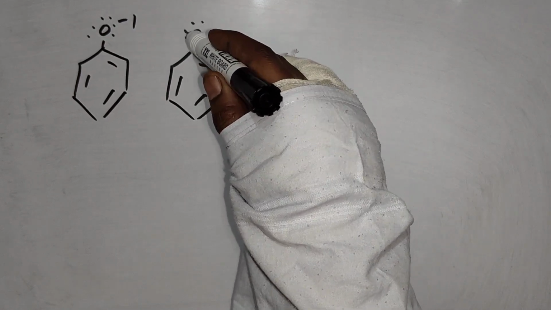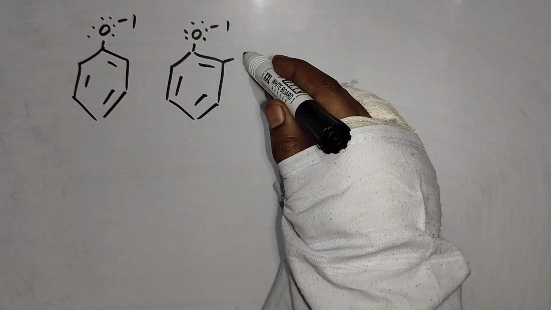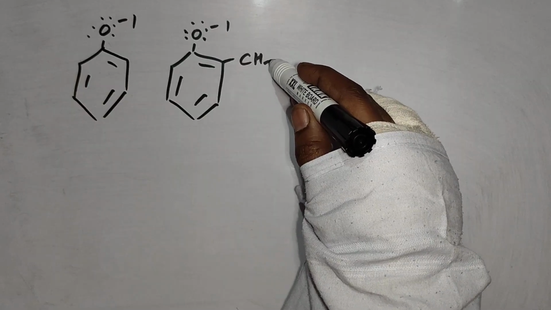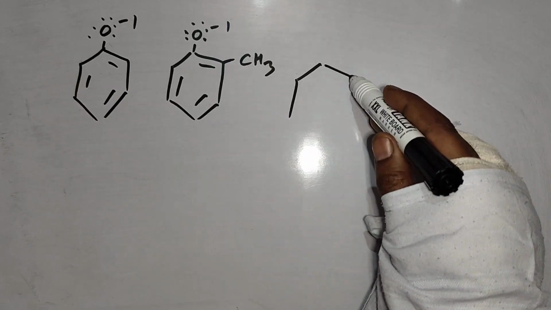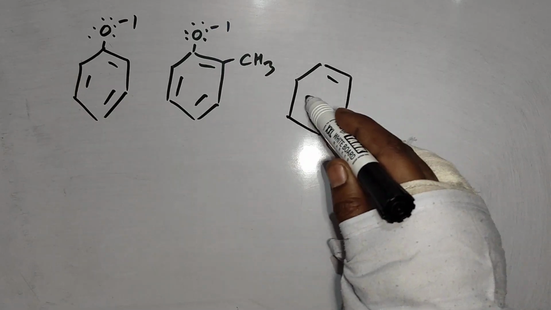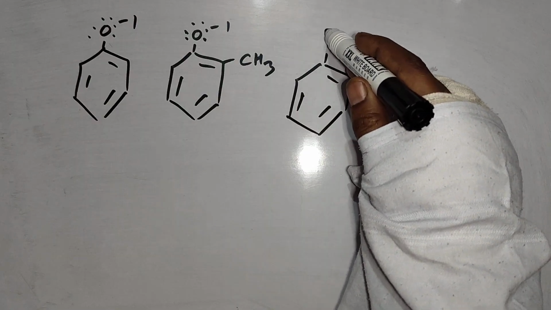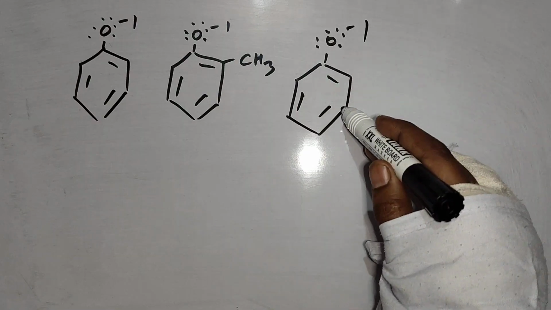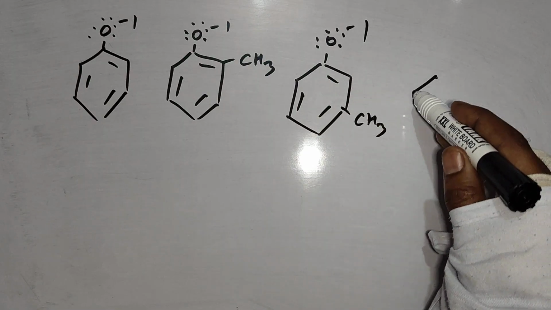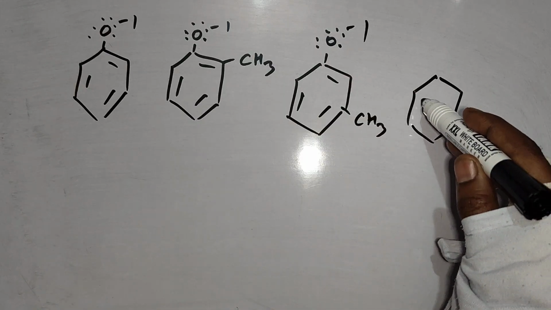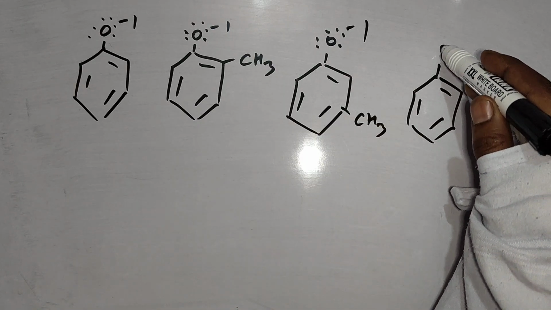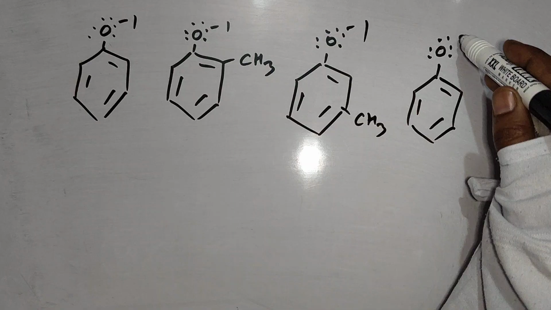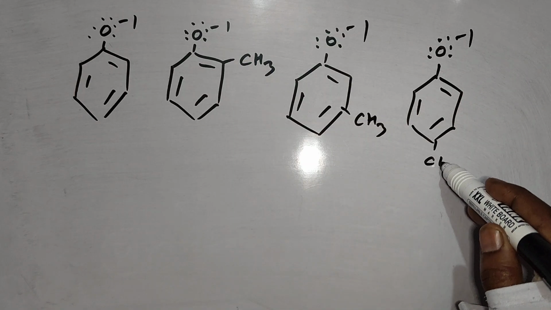This is the anion of ortho-cresol. This will be the anion of meta-cresol. And this is the anion of para-cresol. We will compare their stability.